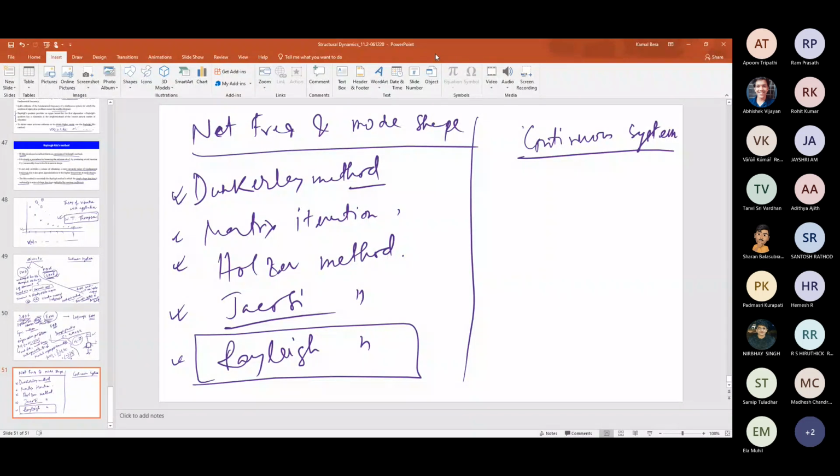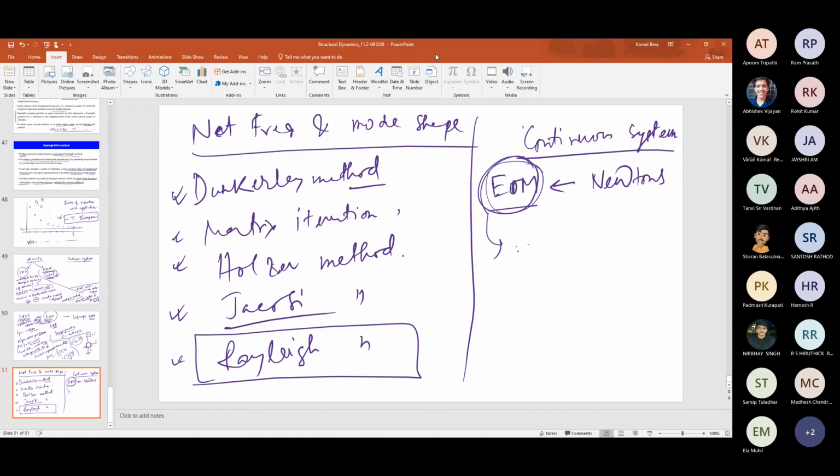For that we first derived the equation of motion, and in this case we used the simple equilibrium approach, that is using Newton's approach. Free body diagram of a small element and writing the equilibrium of forces or moments acting on it. Although this equation of motion can be more conveniently obtained using Hamilton's principle. Then we go for the solution, and we again find the eigenvalue problem here, and from that we obtain the eigenvalues and the eigenfunctions.